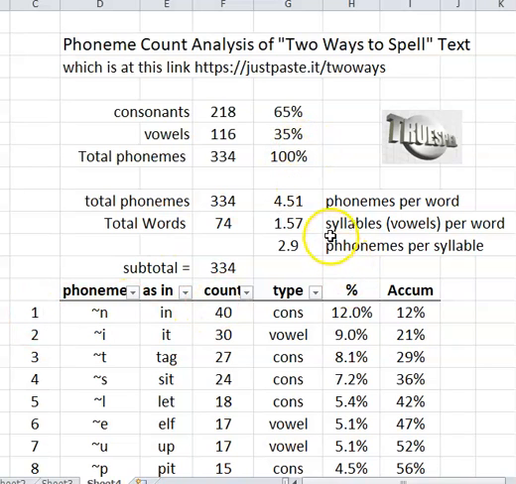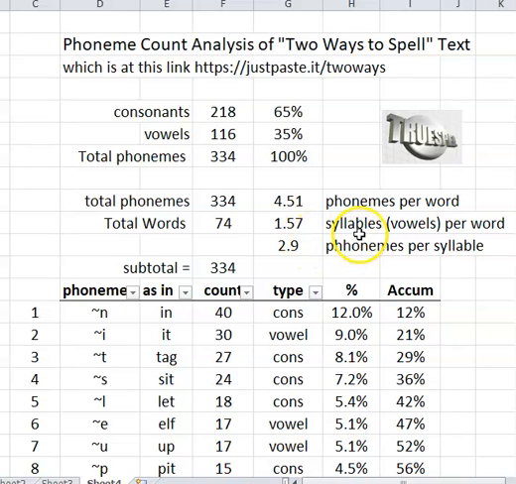And here is another summary where you have the total phonemes per word. So you had the 74 words, and you divide that out. Here's the 74 words.